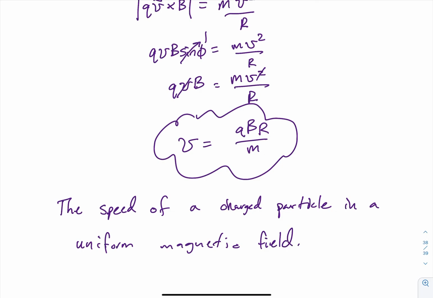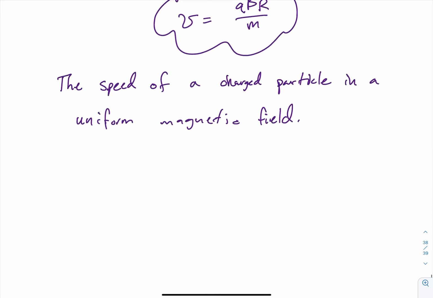And so analyzing this and maybe some other information given, you could determine both the speed and the radius of a charged particle in any uniform magnetic field. I'm going to note one more thing. I'm going to say this quantitatively defines the motion.